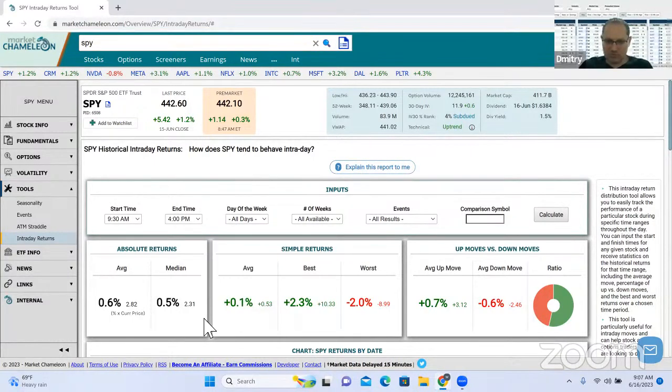If we took the intraday move, what about the median move? So right in the middle, the median move is 0.5%, which would translate to $2.31. So this one, just keep in mind, these are going to be a little bit different because we're just showing you 0.5, but it could be 0.5, 1, 2, 3, whatever it is, right?